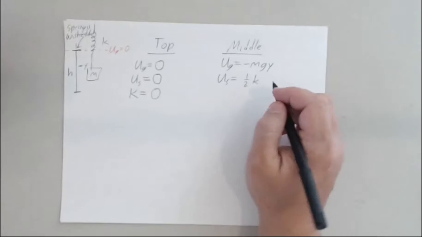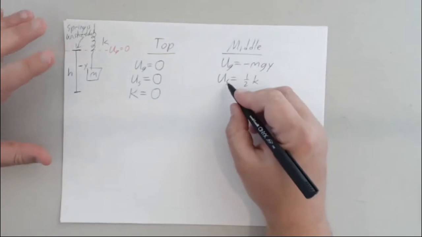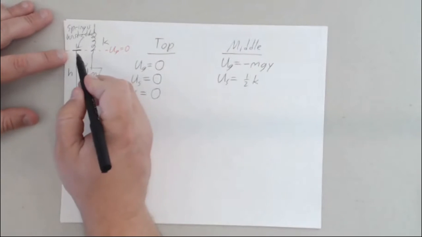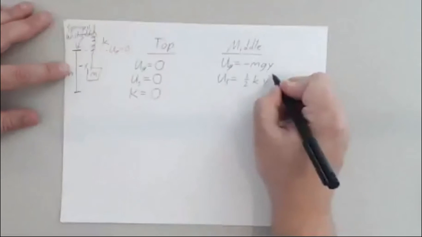When you said kx, what was x? Distance stretched. Yeah, the distance it was stretched, okay? So in this case, it's the distance we've stretched the spring, which we just called y. So it's just going to be 1/2 k y squared.